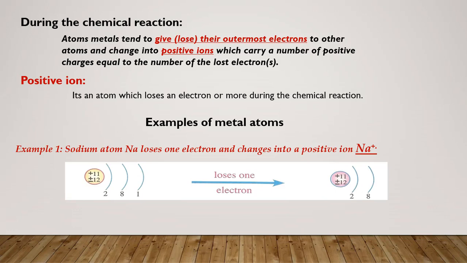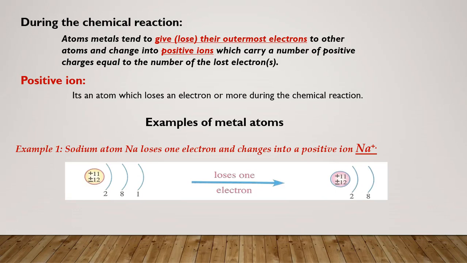By losing electrons, the negative charge is decreasing and the positive charge is increasing, so they change into positive ions carrying a number of positive charges equal to the number of lost electrons.